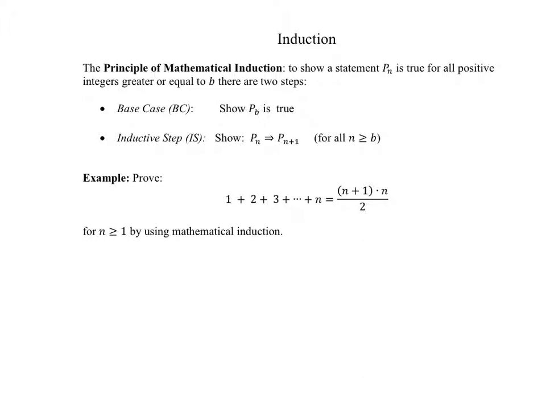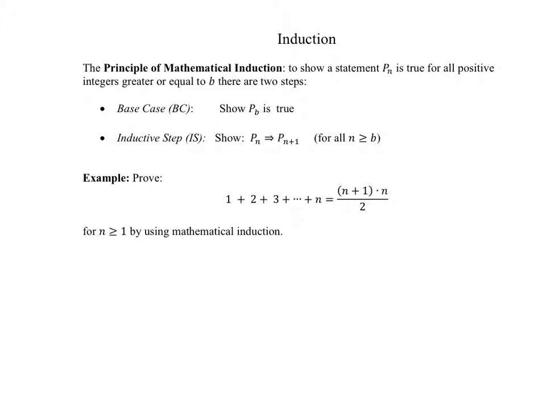Many statements that we might be talking about in mathematics would be an equation. An equation is a statement. The statement is that the left-hand side equals the right-hand side. But the statement doesn't have to be an equation. It could be something else, like it's possible to tile a certain shape with a certain number of objects.